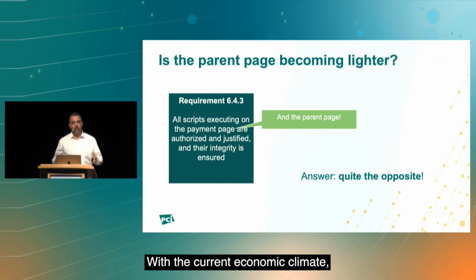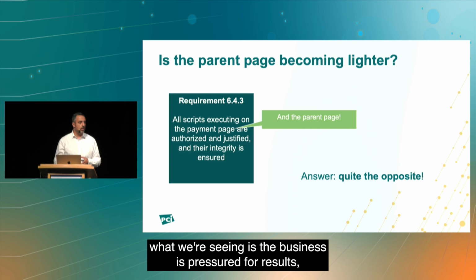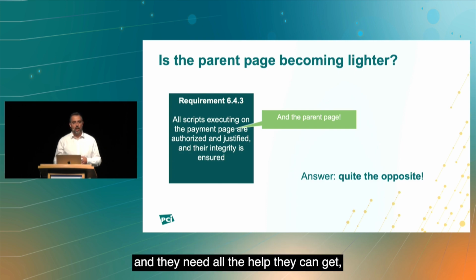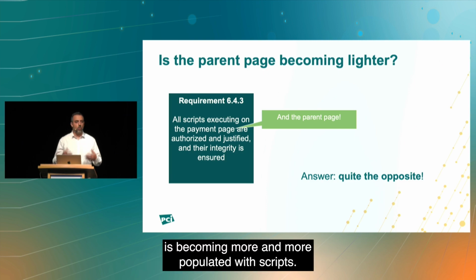With the current economic climate, what we're seeing is the business is pressured for results, and they need all the help they can get. And that usually is through inserting all sorts of vendor scripts to analyze how the user is behaving and all of that. So we're seeing that the parent page is becoming more and more populated with scripts.